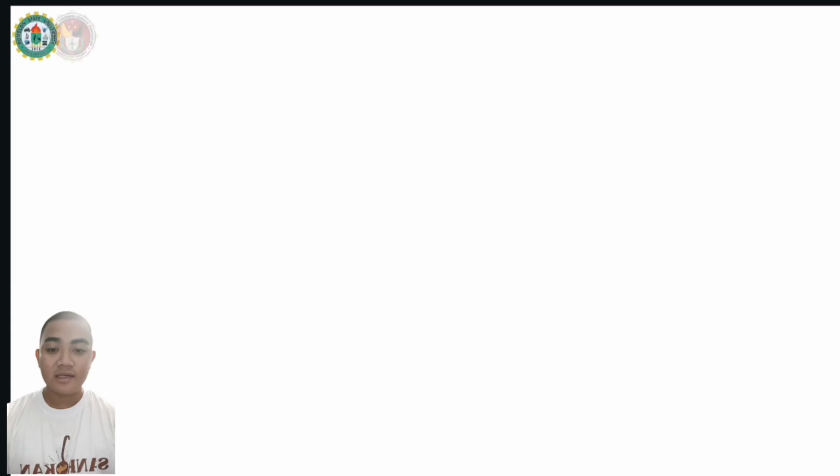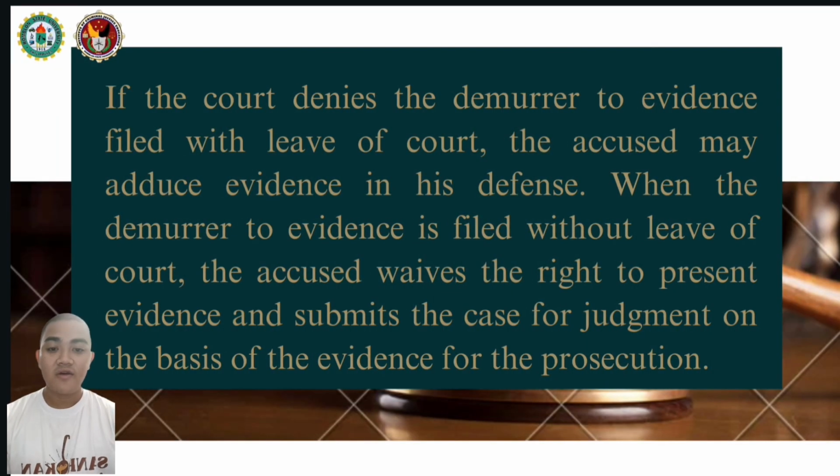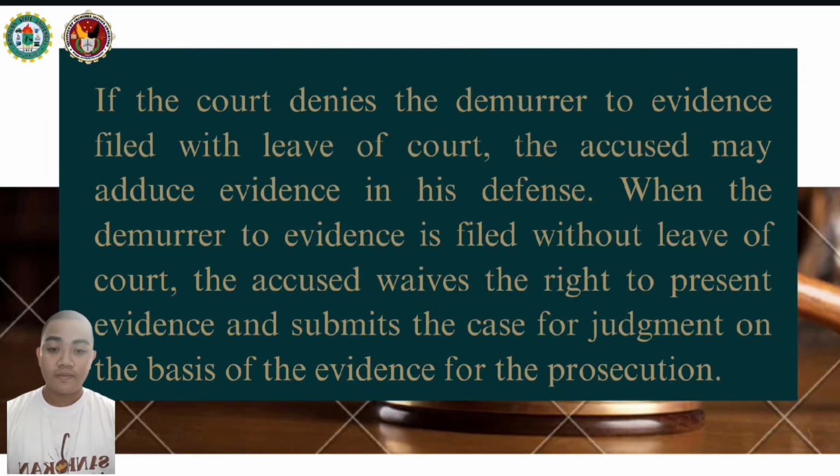If the court denies the demurrer to evidence filed with leave of court, the accused may adduce evidence in his defense. When the demurrer to evidence is filed without leave of court, the accused waives the right to present evidence and submits the case for judgment on the basis of the evidence for the prosecution.